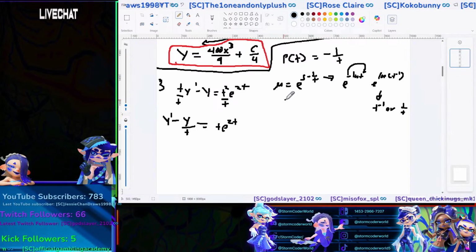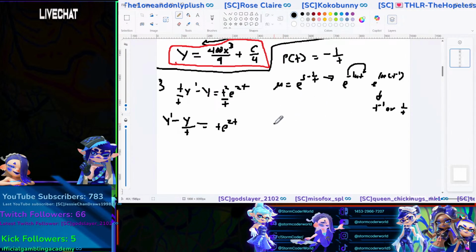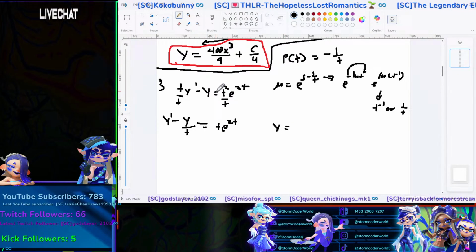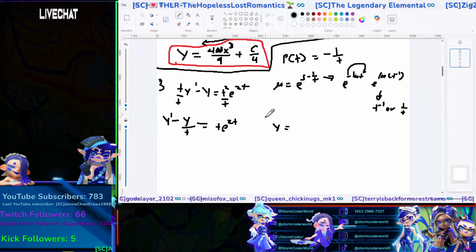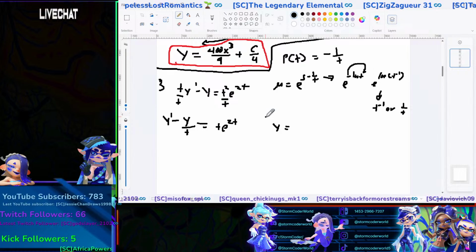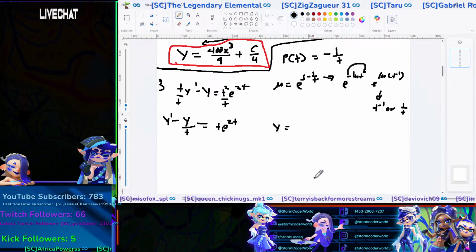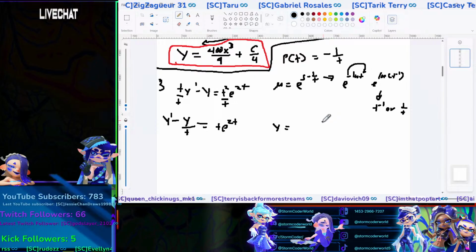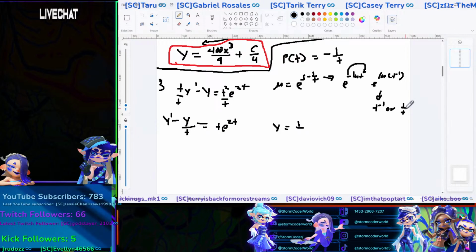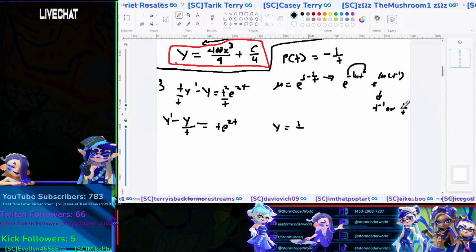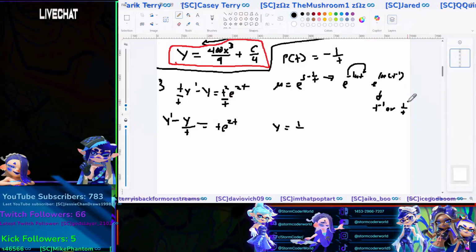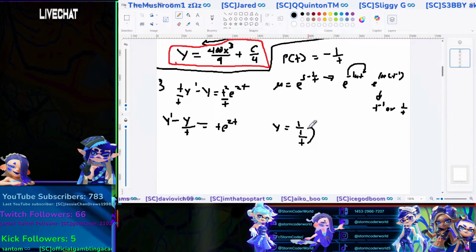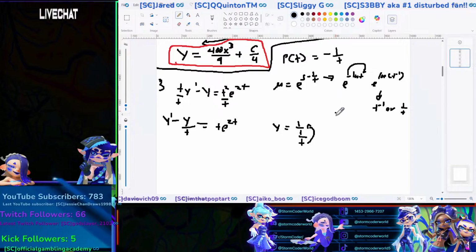Now, bringing these together, y would be equal to, in my case, there's a lot of things here, but I have 1 over 1 over t, which logically simplifies, and I get t.